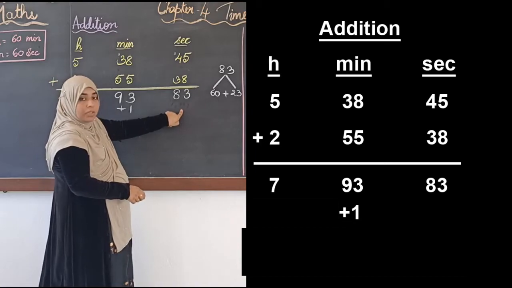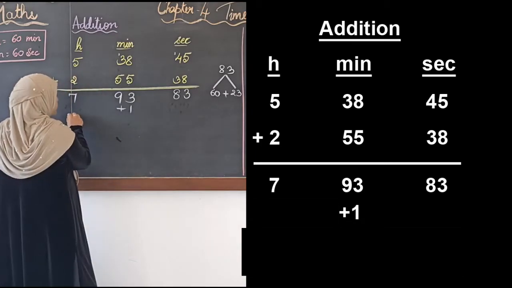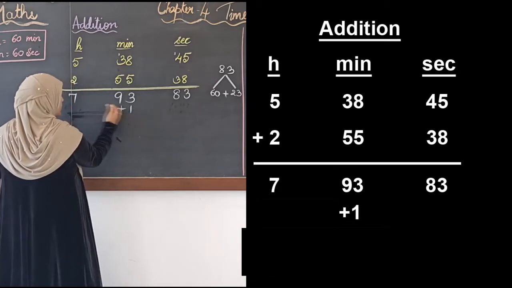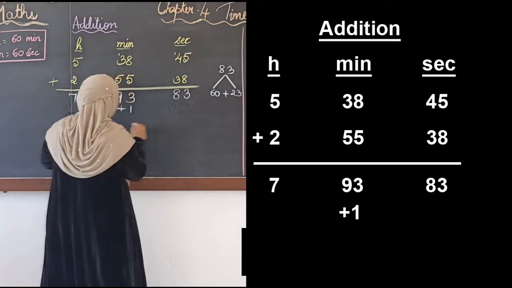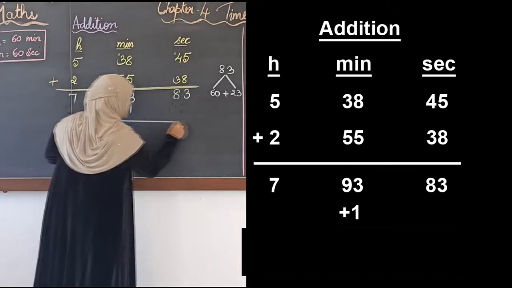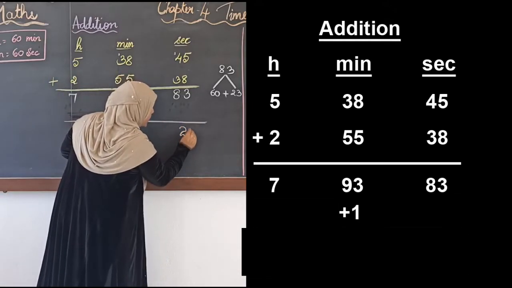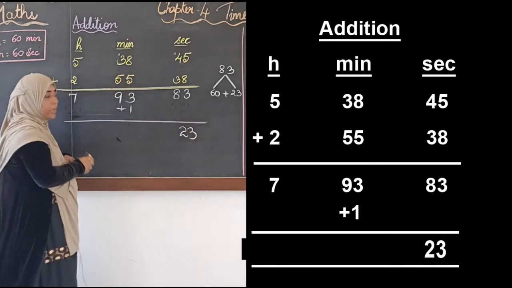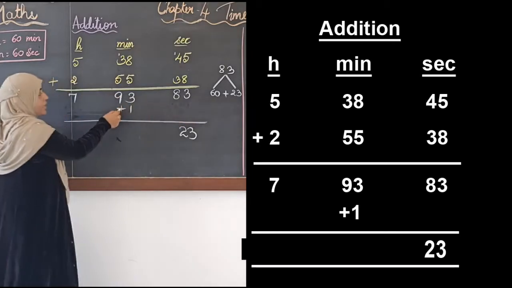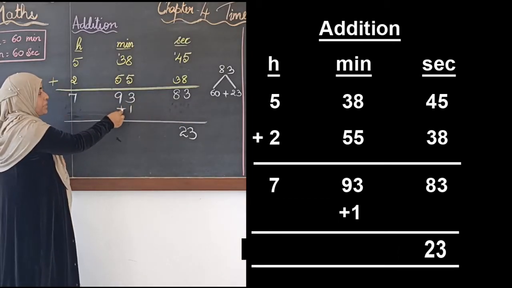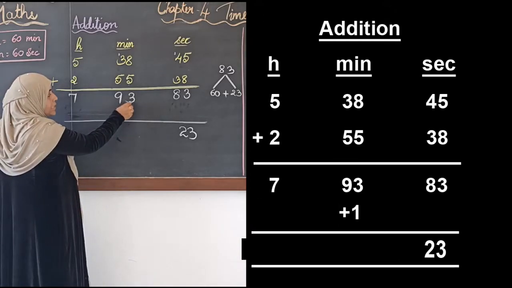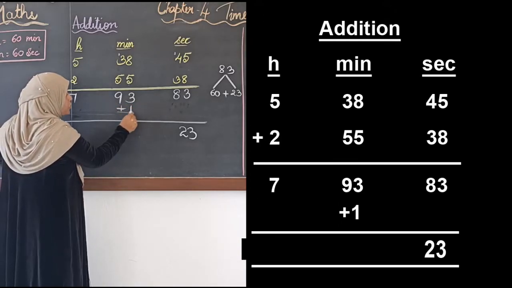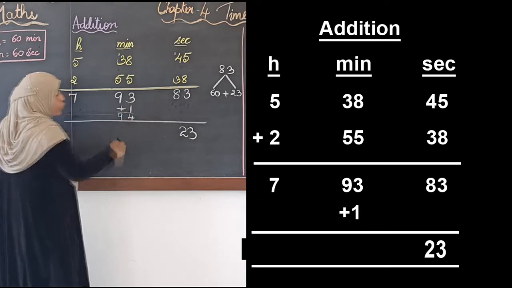And here what remains with us is 23 seconds. We carried the 60 seconds over, changed it to minutes, and carried it to the minutes column. Now we have 93 minutes plus 1, which is equal to 94.